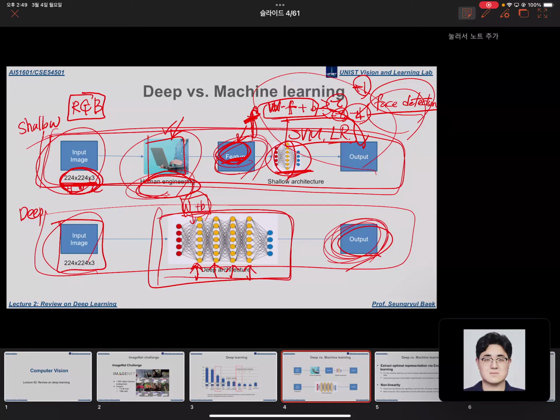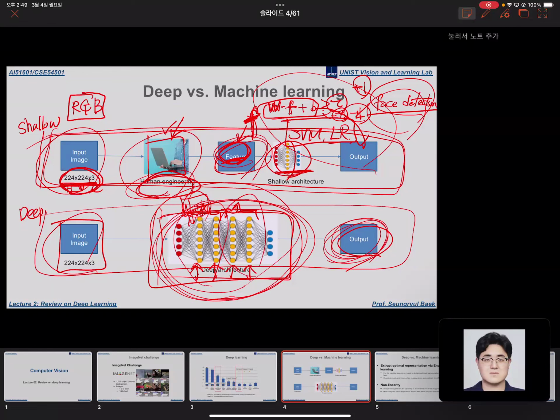Okay. In this architecture, the early layers act as the feature extractor, and the later layers act as the classifier. So by stacking multiple layers, it automatically acts as the feature extractor and at the same time as the classifier.